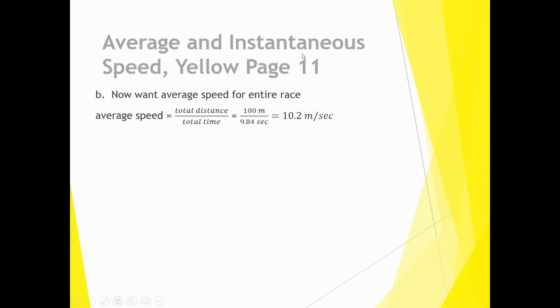So we took 100 meters divided by 9.84 seconds, and we've got our answer of 10.2 meters per second. For this, we just wanted the speed, so there's no displacement, no vector, no direction needed.